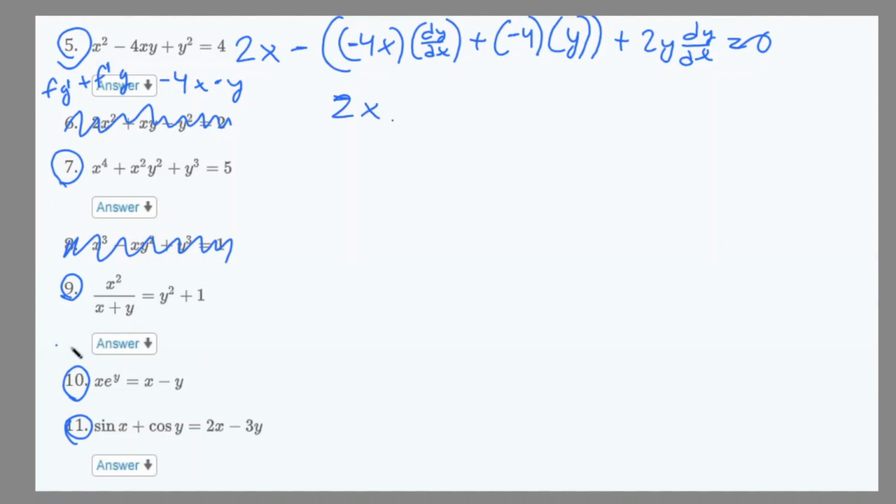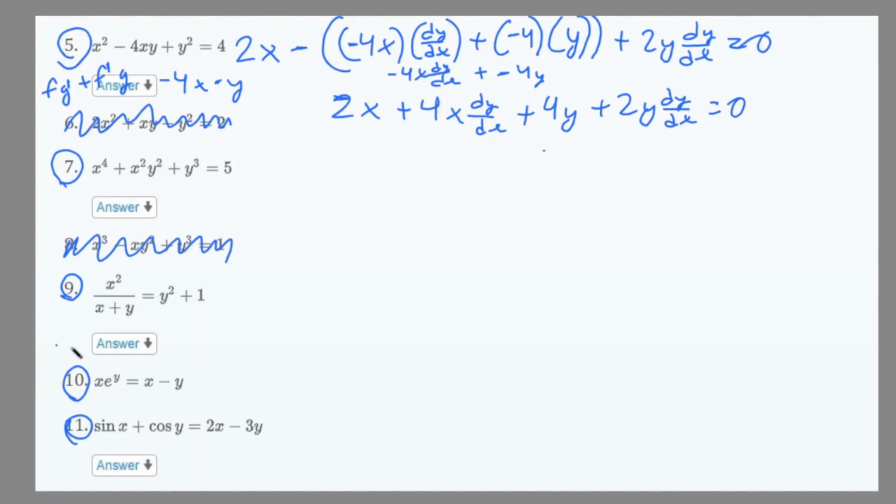So we have 2x, and in the parentheses here we have negative 4x dy dx plus negative 4y. So we multiply that out, we'll have plus 4x dy dx, that would be plus 4y, and then plus 2y dy dx.